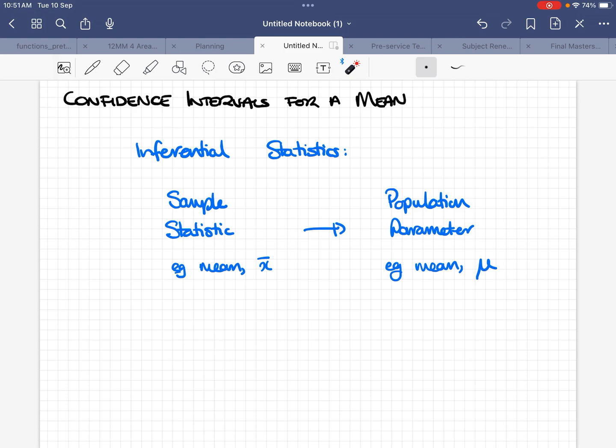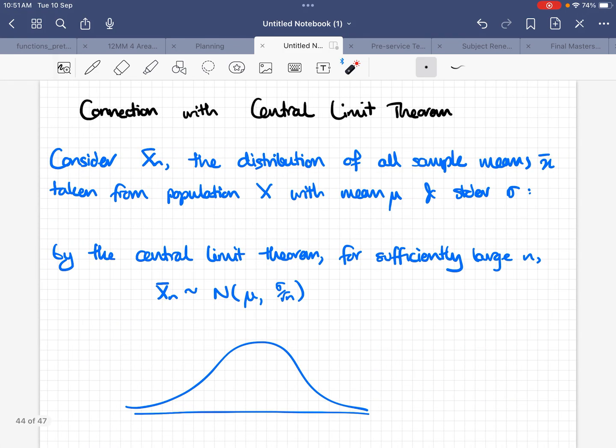In this course, we look at two kinds of confidence intervals: for a mean, which we'll look at today, and for a proportion, which we're going to look at later on.